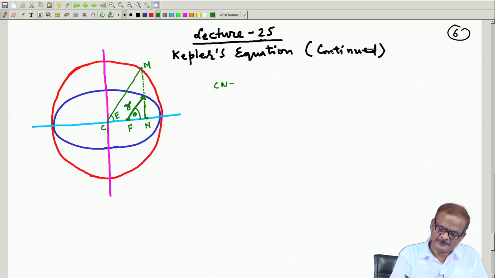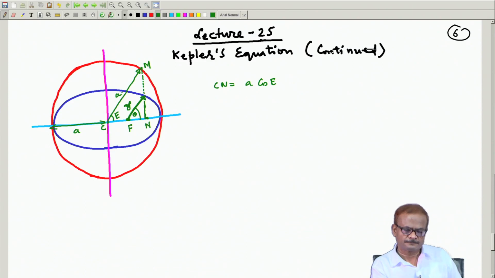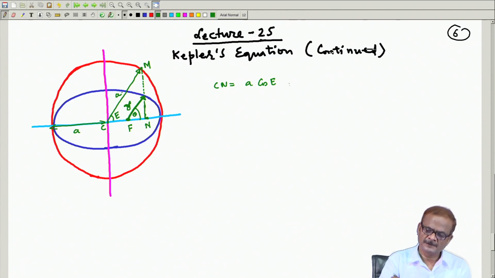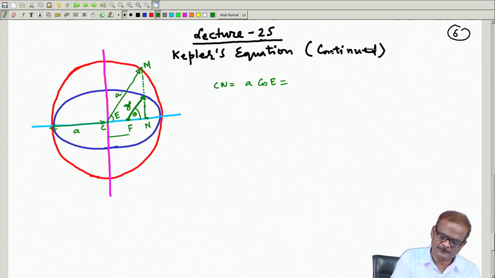So, CN is obviously A, the radius of the circle, which is also the semi major axis. CN equals A cos E. This quantity, from here to here, the distance CF is A e, and this distance FN is R cos theta.